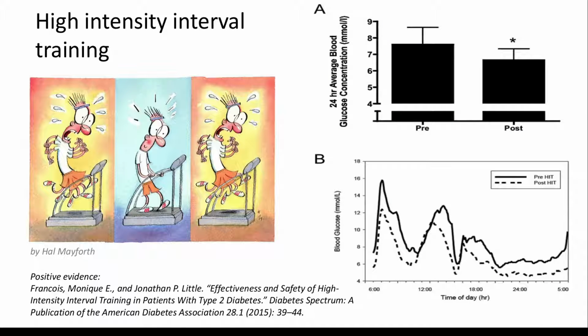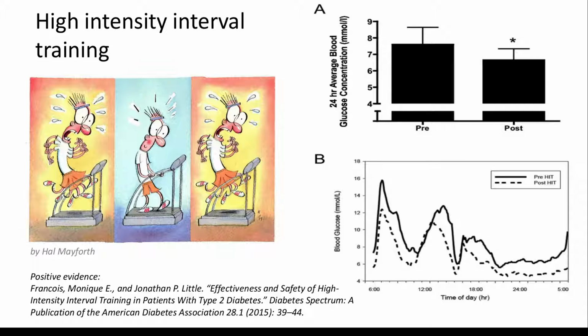So that was what the project was about. The question of the project was, can we apply high intensity interval training to diabetes patients, and would that have a positive impact on their health? There have been studies already.